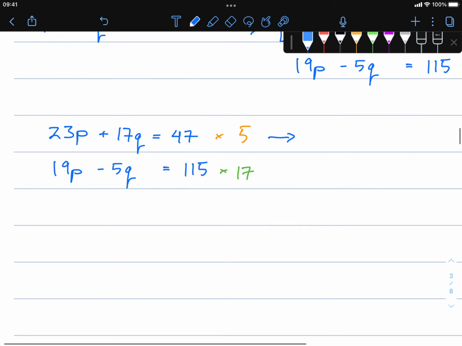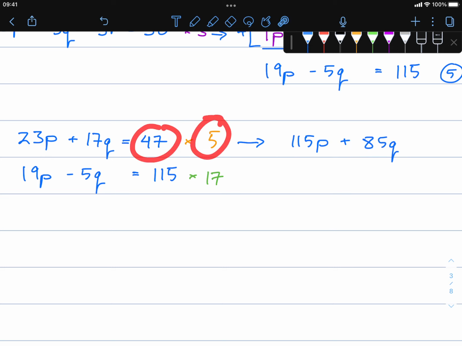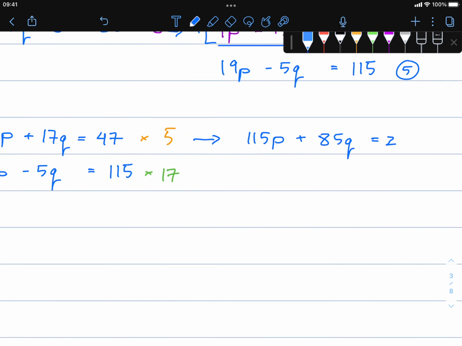Definitely going to use a calculator here. 23 times 5, 115p plus 17 times 5 is 85q. 47 times 5 is 235. So equals 235.